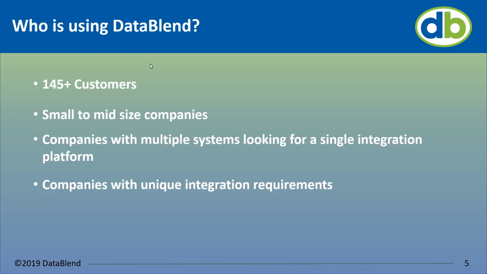All right, so who is DataBlend? Well, we have about 145 customers right now and counting. They are in the small to mid-sized business range. DataBlend is ideal for companies with multiple systems who are looking for a single solution to connect them.